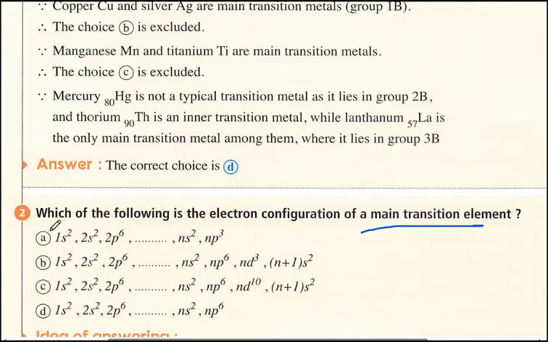Okay, here there is no d sublevel, so it is wrong. Here there is no d sublevel, it is wrong. Here there is a d sublevel, but it is completely filled with electrons. It is not considered a main transition element. It is from 2b, like zinc, cadmium, and mercury. So they are not considered main transition elements. Here (n+1)s2, nd3, it is the group of vanadium, group 5b, and they are considered main transition elements. So the correct answer here is B.